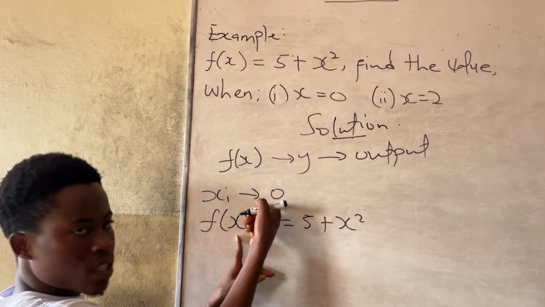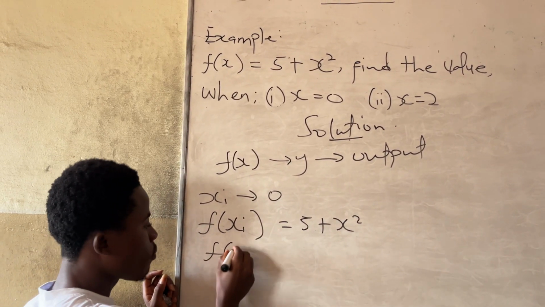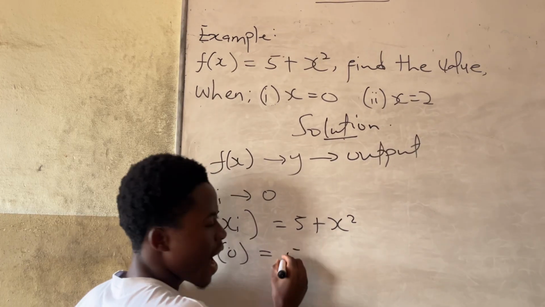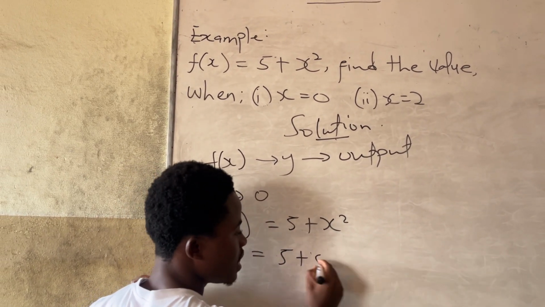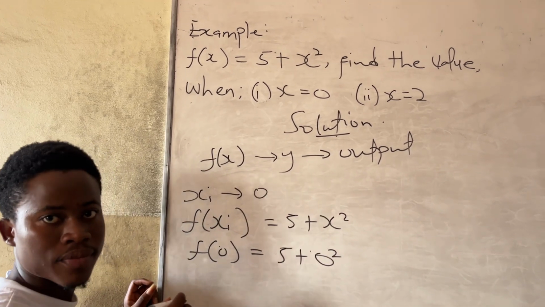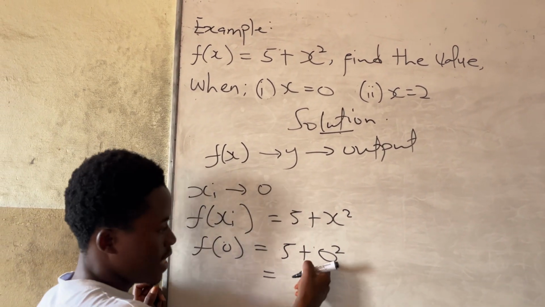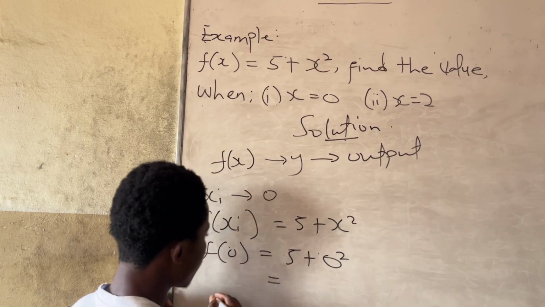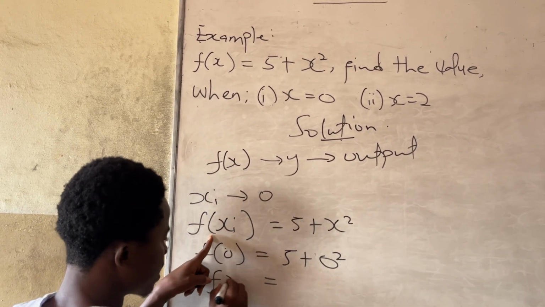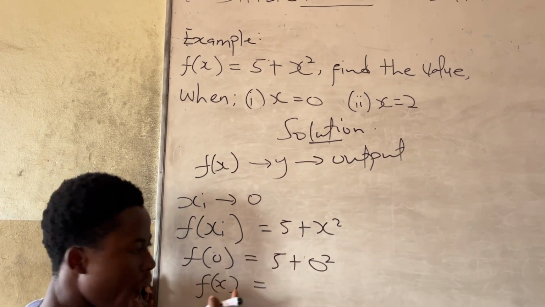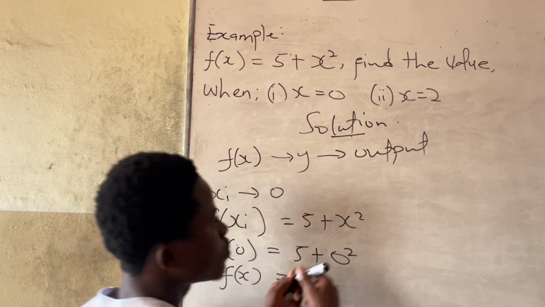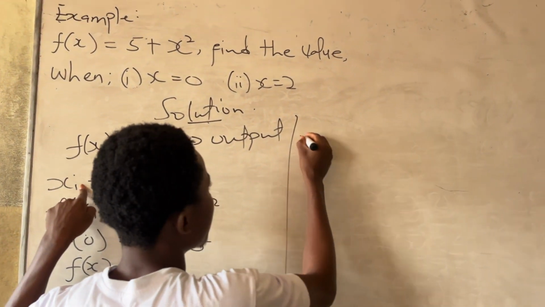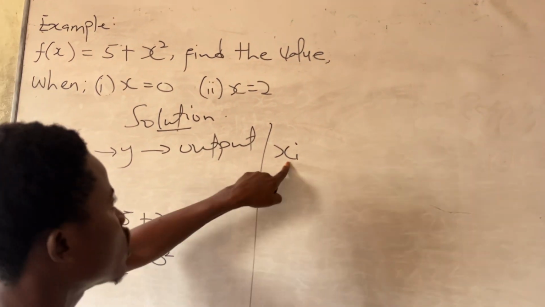And then we have the chosen value to be 0. So we have f of 0 to be 5 plus 0 squared. And then, as we all know, this squared will give 0. So we have our f of x, or our y, to be 5.